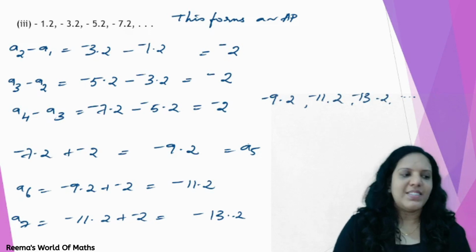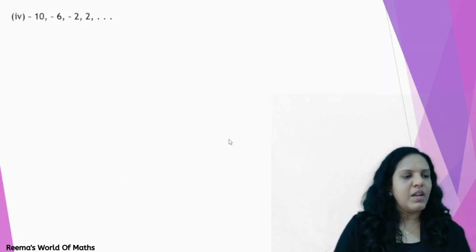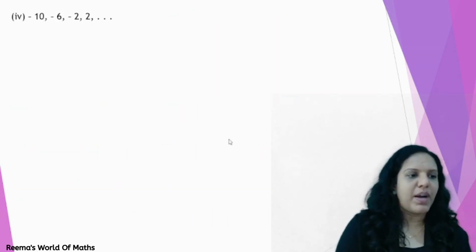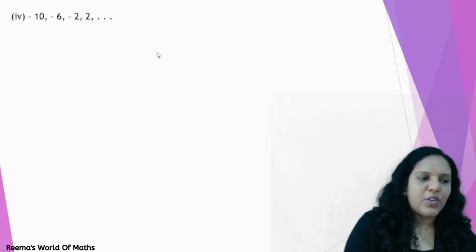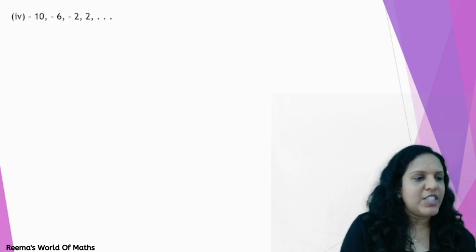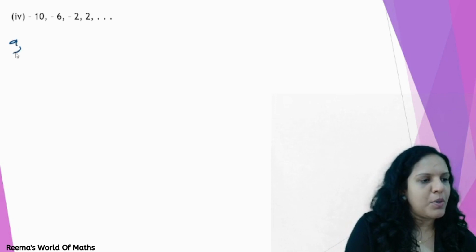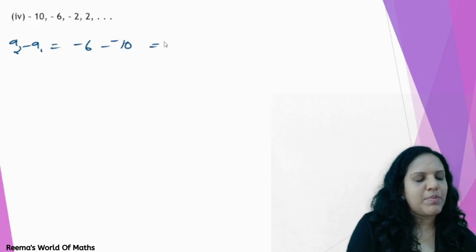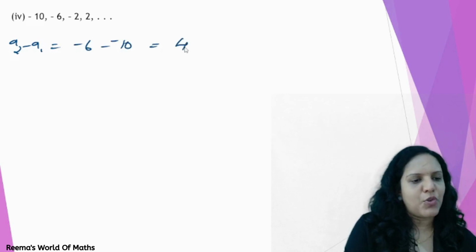Okay, let's see the next question. Minus 10, minus 6, minus 2, 2 and so on. So let's see the difference between each term. First one, A2 minus A1, that is minus 6 minus minus 10. So that will be minus 6 plus 10, which is 4.